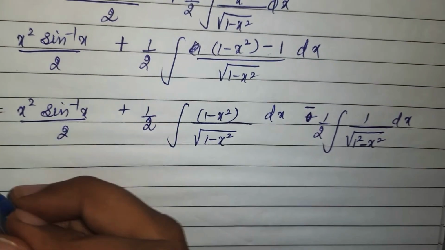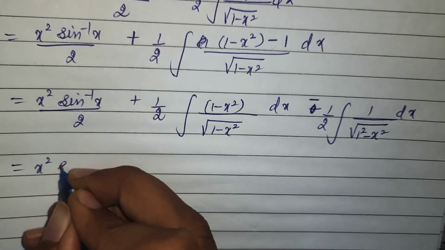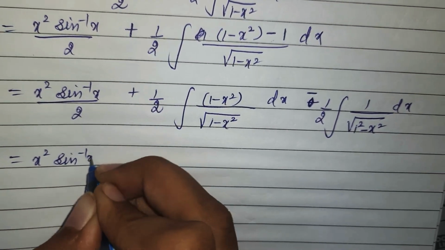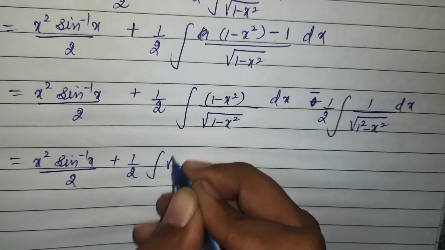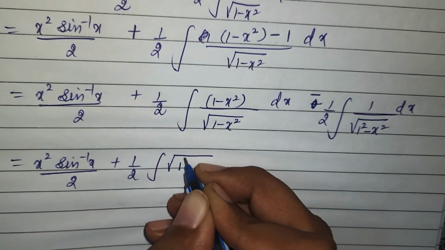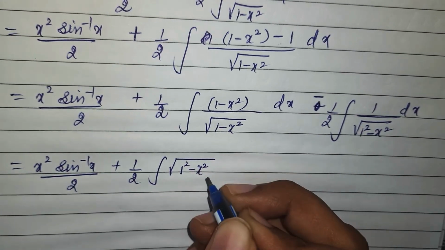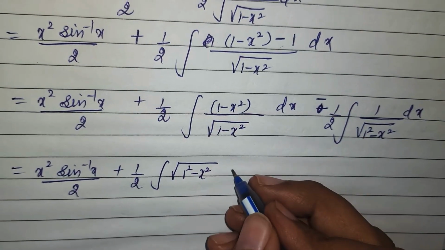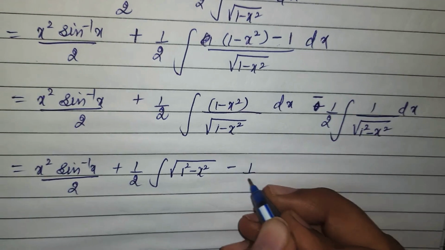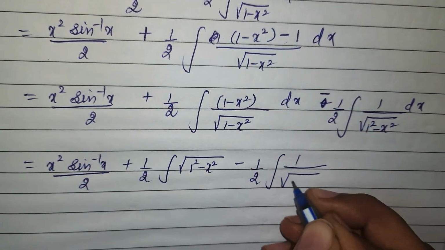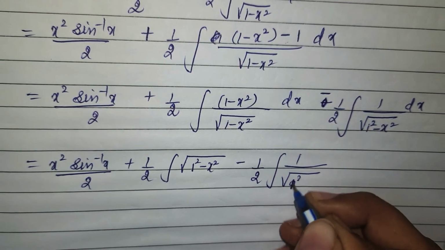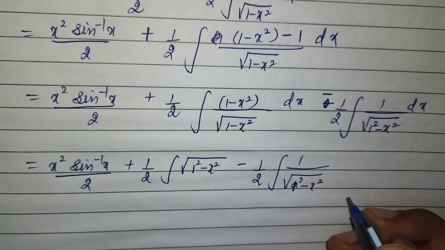So finally what I am getting? x square sine inverse x by 2, 1 by 2, and this will become 1 square minus x square, and this will become minus 1 by 2 integral of 1 square minus x square.